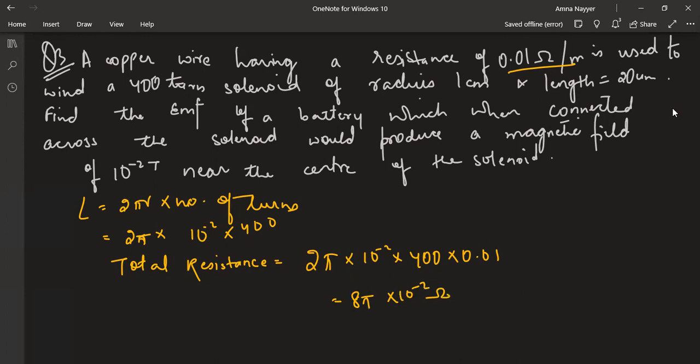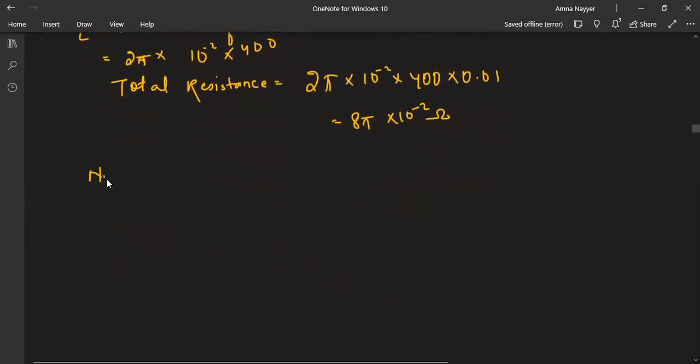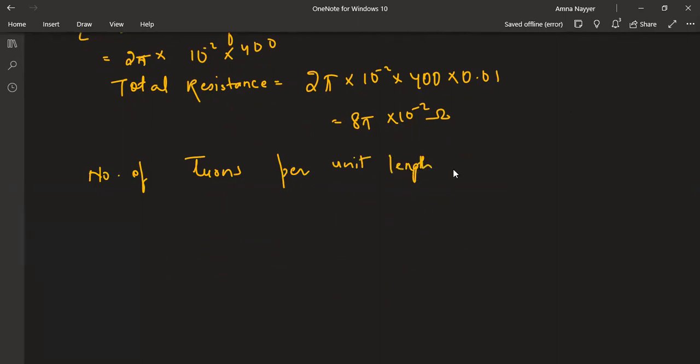Now the number of turns per unit length, when you calculate it, this will be 400 divided by 0.2, which is 2,000 per meter.